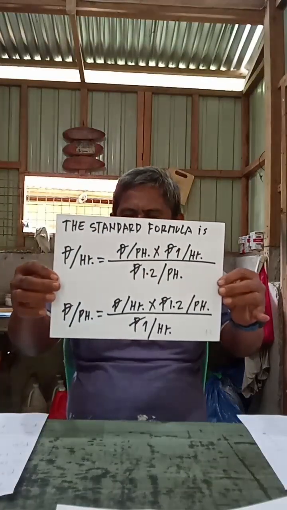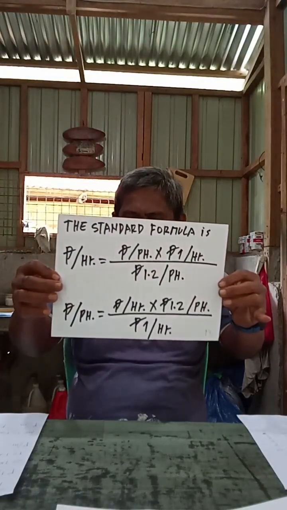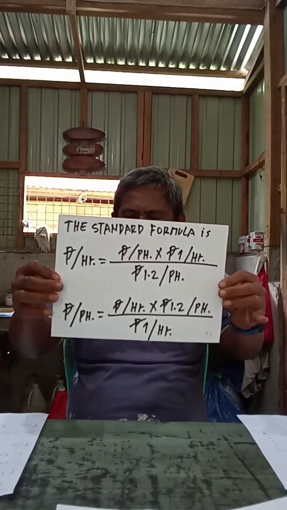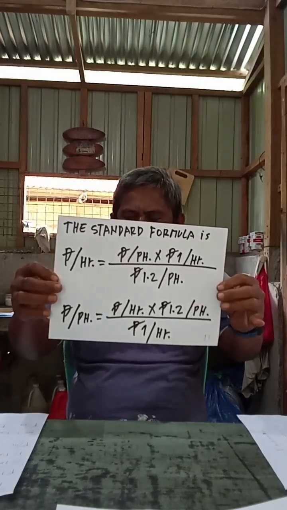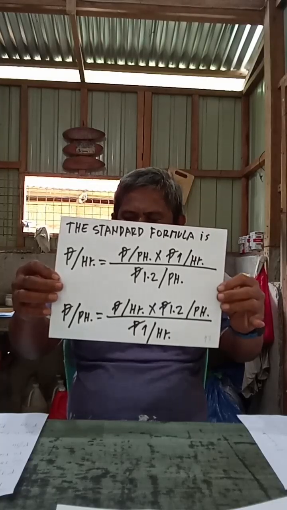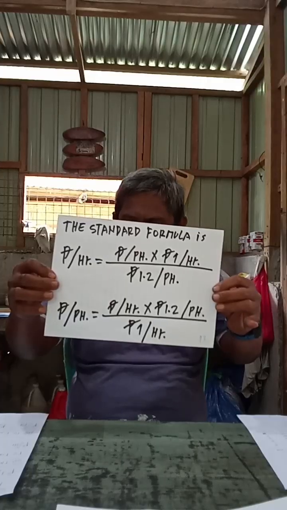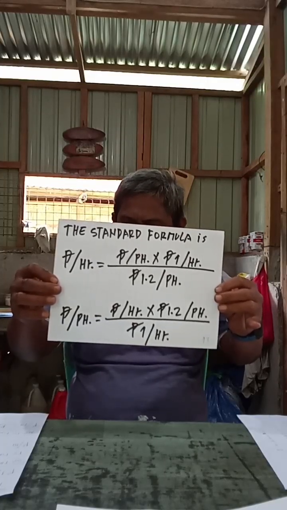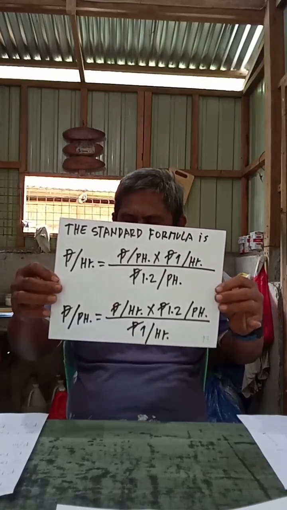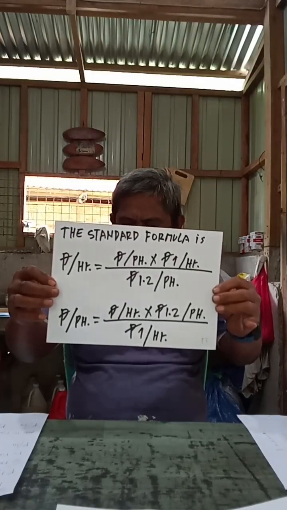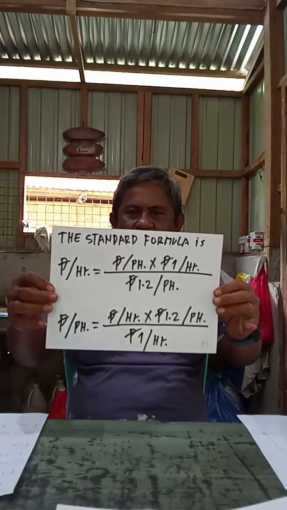And the standard conversion formula to find peso per hour is peso per peri hour times 1 peso per hour over 1.2 peso per peri hour. And to find peso per peri hour is peso per hour times 1.2 peso per peri hour over 1 peso per hour. Okay.